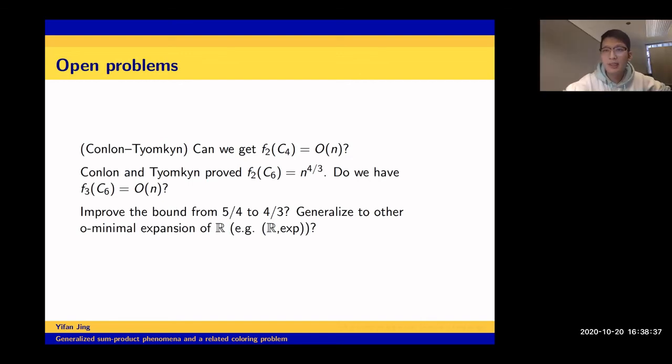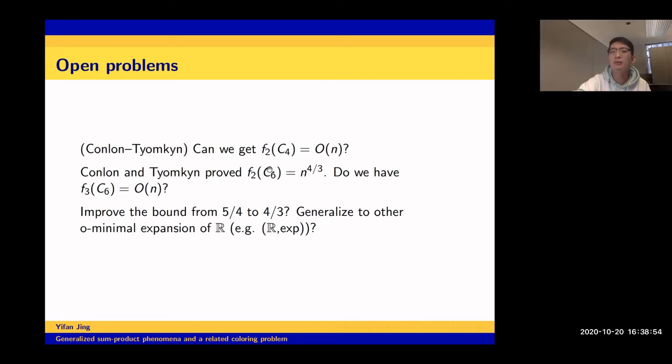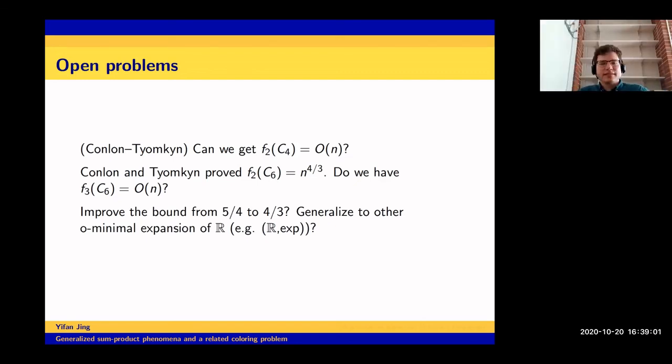Actually, there's a result by Janzer. He proved it for general cycles C_2l, so you have a bound for that. For larger cycles, you should increase this k. I think k should be comparable to the cycle length over 2, something like that. Yeah, length of cycle over 2. I see.